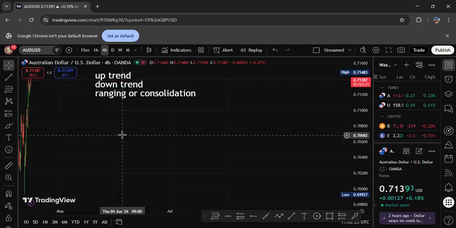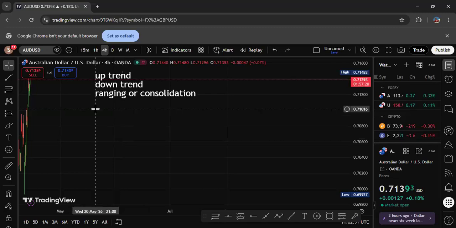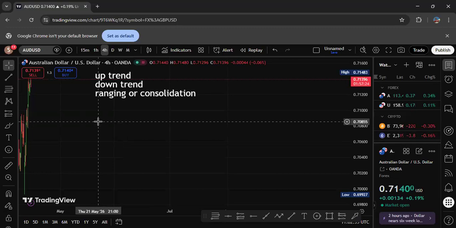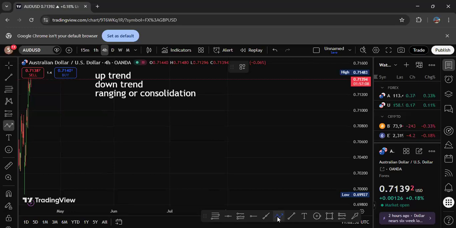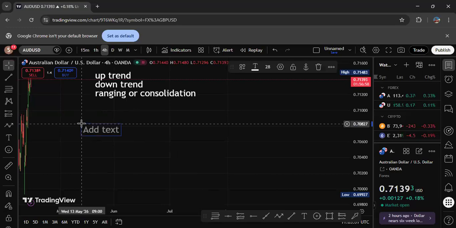So the first example I'll be showing is the uptrend. One thing about the market is that it doesn't move in a linear form. It moves in a form of zigzag, not a straight line.